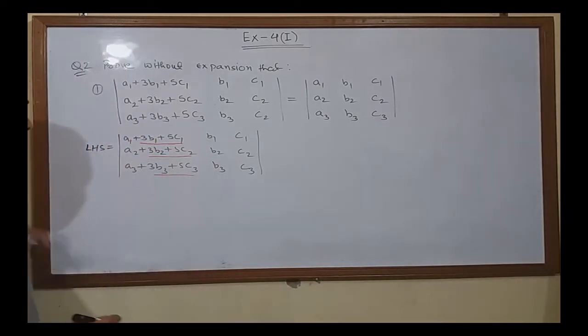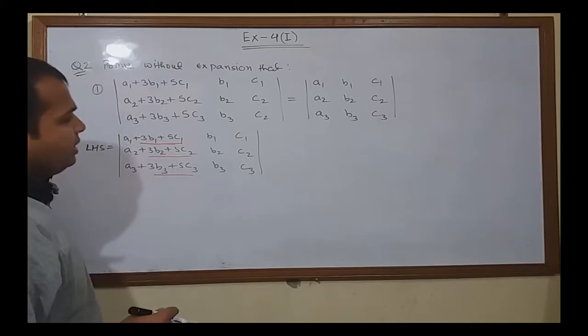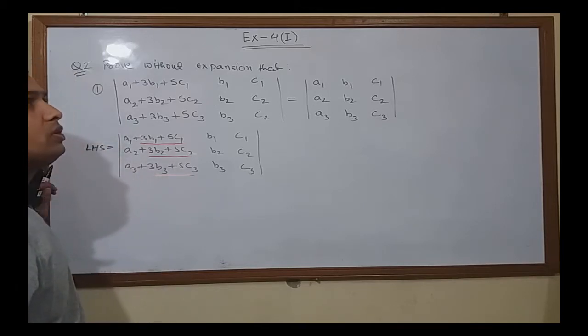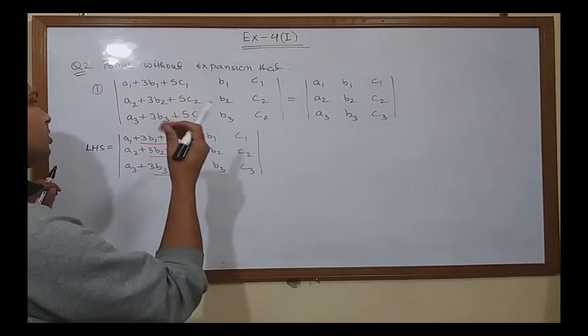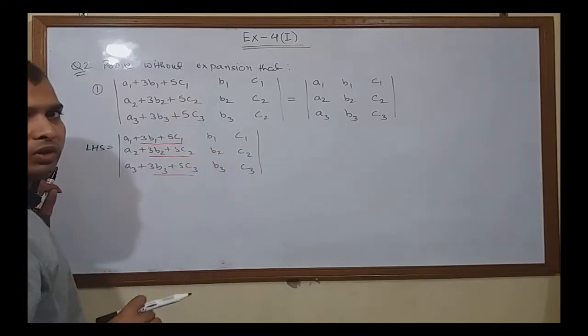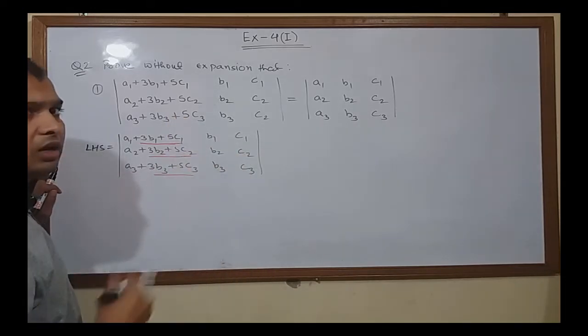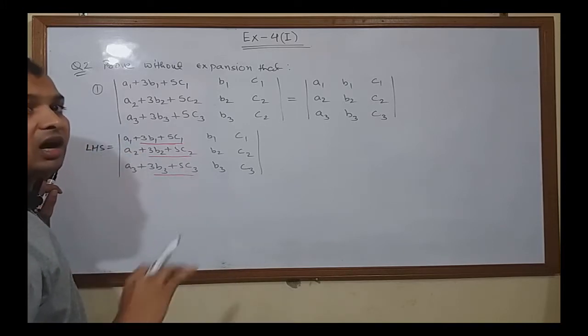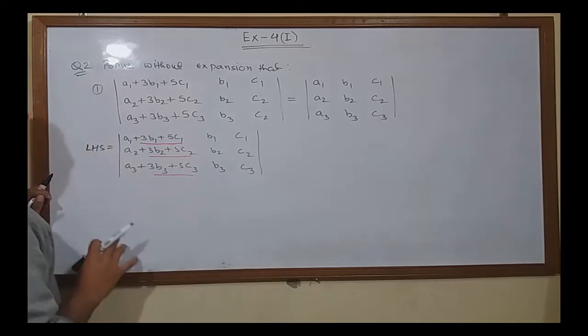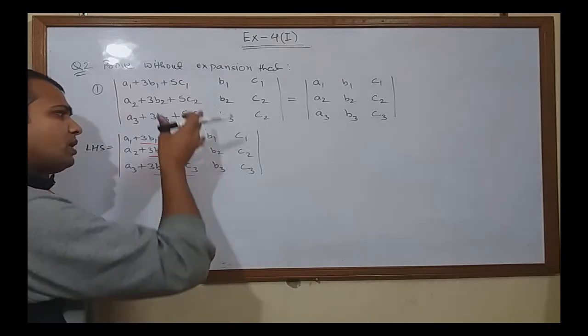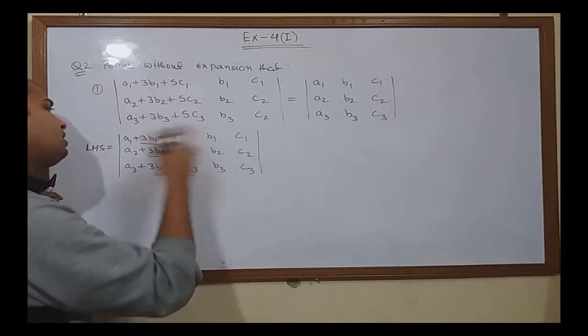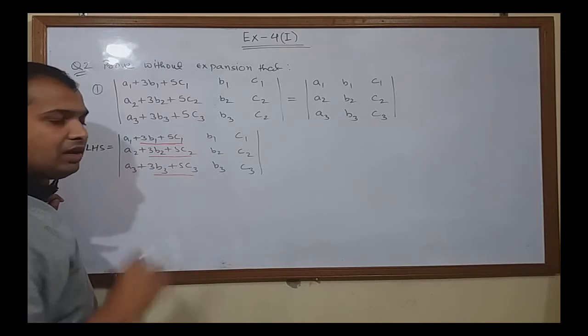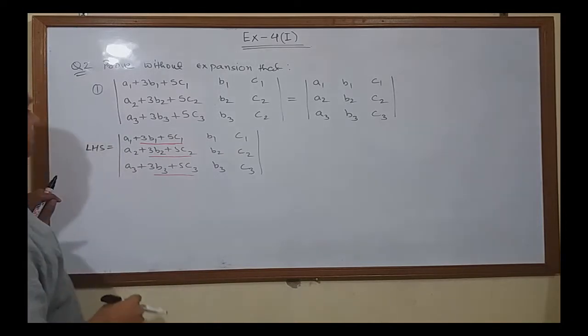There is one property that if you add any column to another column, then the value of the determinant remains unaltered. Also if you multiply any column and then add it to some other column, the value still remains unaltered.